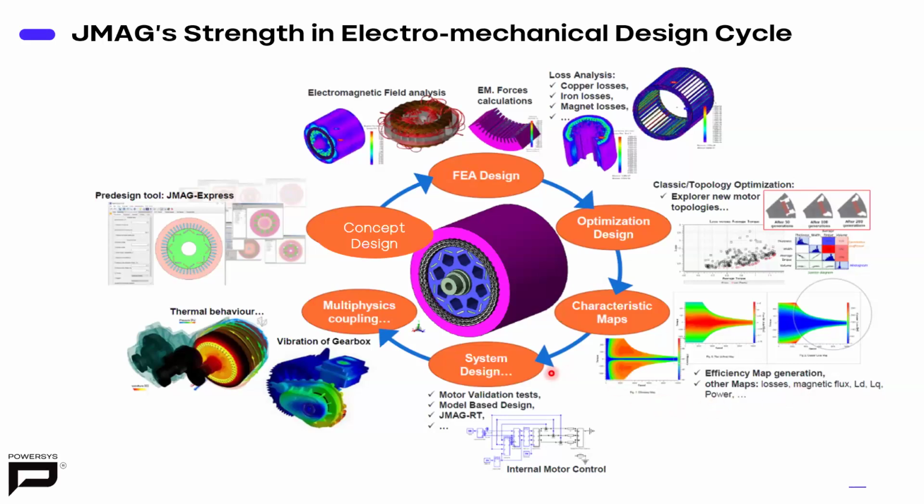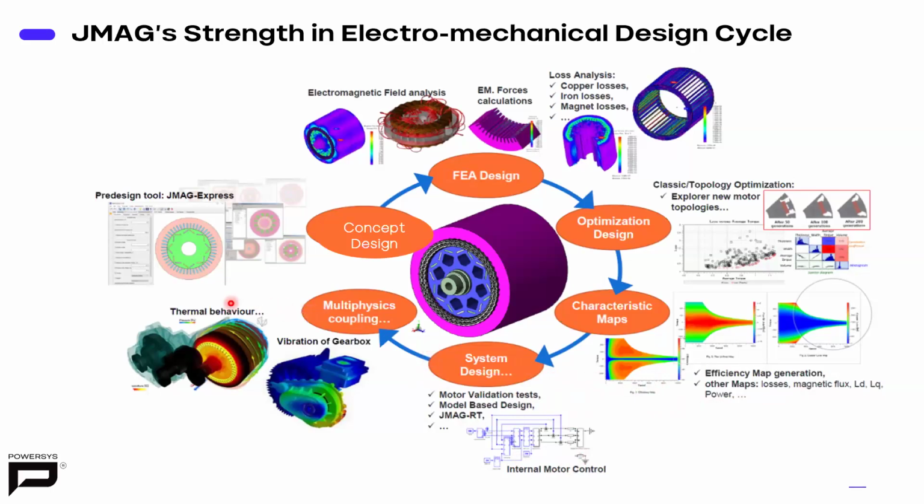After that we have another software called JMAG-RT, in which, after all this process, the model can be converted into a 1D model and connected to third-party software like MATLAB Simulink, which I mentioned in the previous slides. Apart from this, we also have multiphysics coupling.